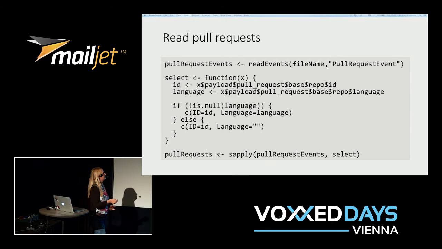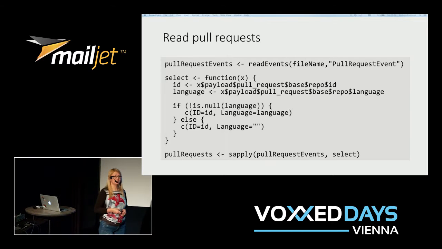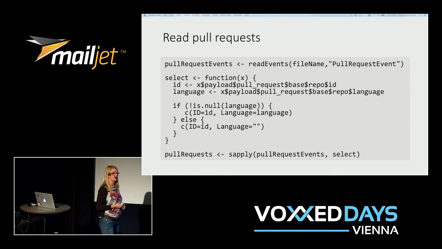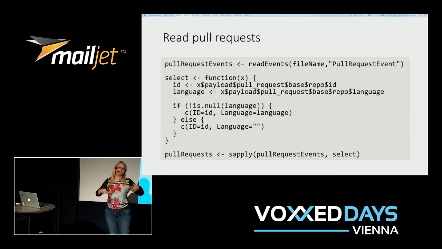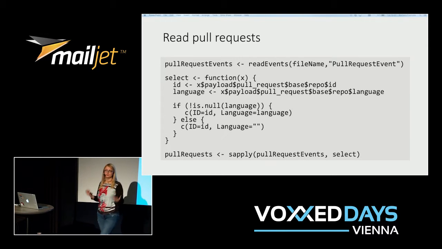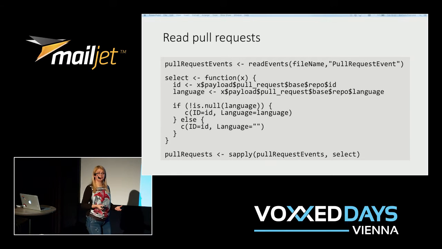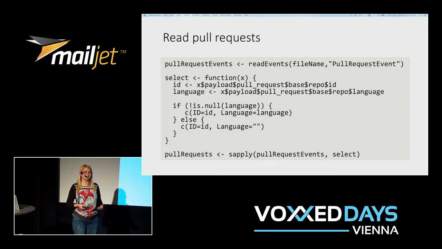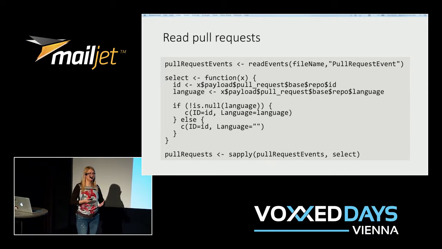And this is something that took me, I think, 3 hours. I didn't know what was happening because sapply was creating a list, not a vector, and I was expecting a vector. And then after 3 hours, I had a breakthrough. Some languages here appear as nulls, so it's translated as an object, as a list more than a vector.